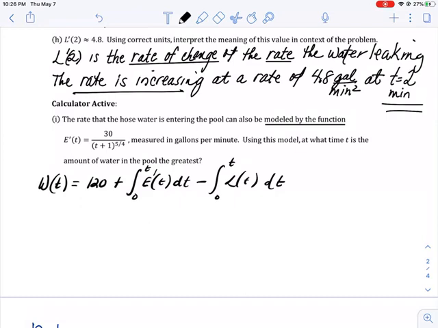We use the table h of t at first. We're saying it is equal to E of t, and it's measured in gallons per minute. Using this model, at what time t is the amount of water in the pool the greatest, right? So here's our amount of water. Now I'm going to let W of t equal the amount of water.